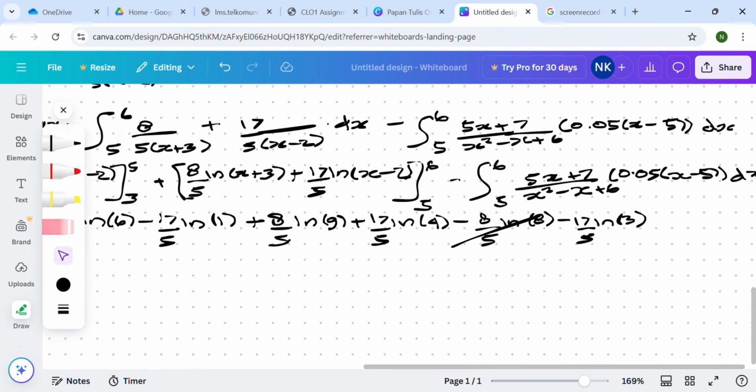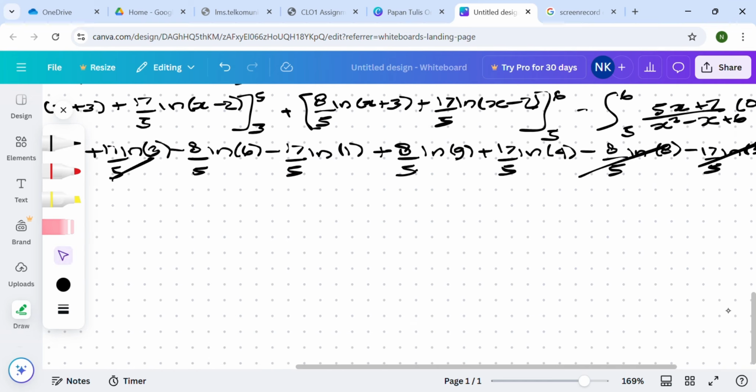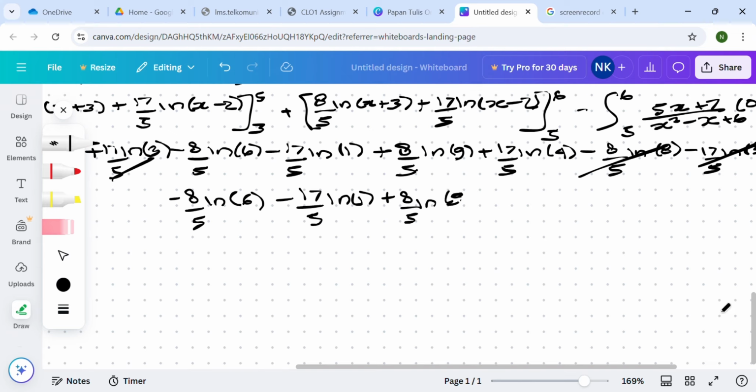And this also cancels out with this. We're left with negative 8 over 5 ln 6 minus 17 over 5 ln 1 plus 8 over 5 ln 9 plus 17 over 5 ln 4.